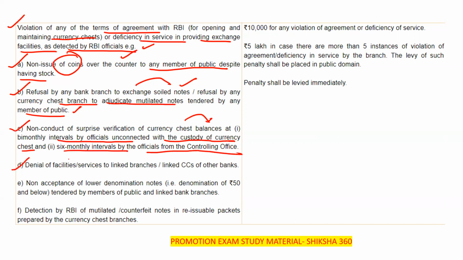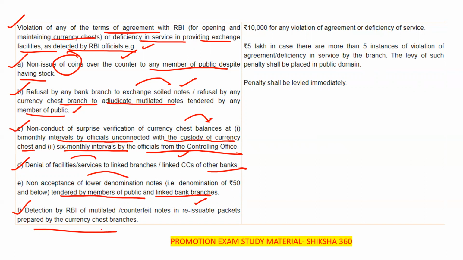Fourth one, denial of facilities or services to the linked branches or linked currency chest of the other banks. Non-acceptance of lower denomination notes, that is denomination of 50 and below, tendered by the members of public and linked branches.